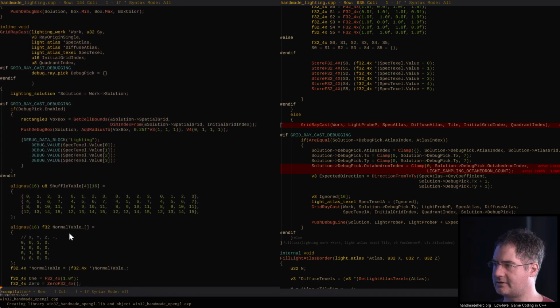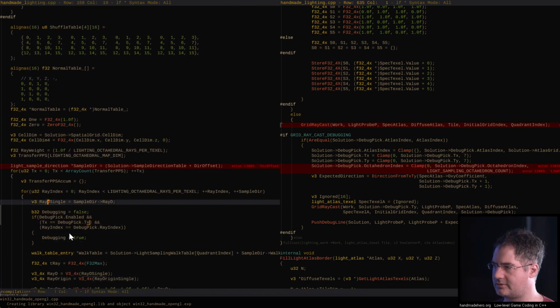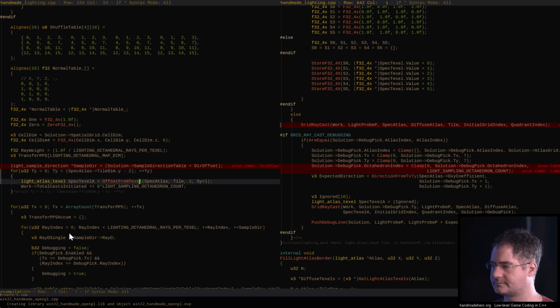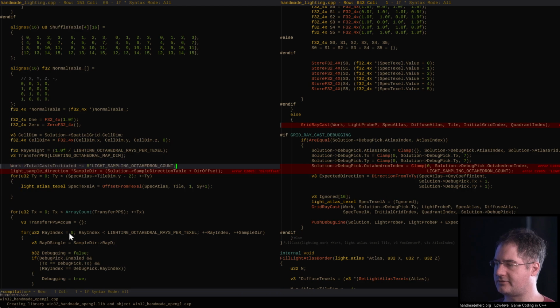in grid raycast, and we would take this part here and make this be the ty loop. Right? And the cast initiated part is really just a statistics gathering thing for us, so we know what this is.